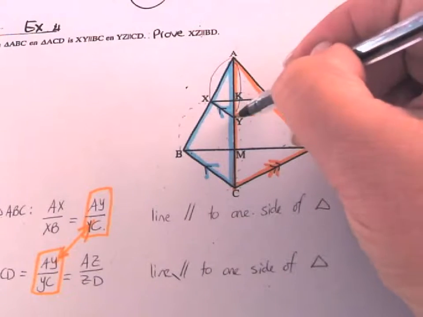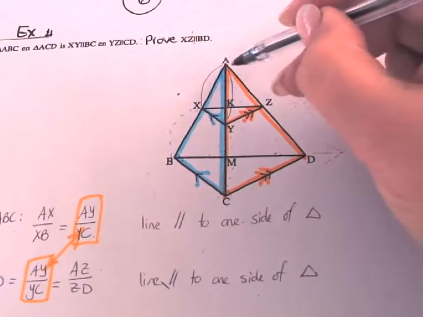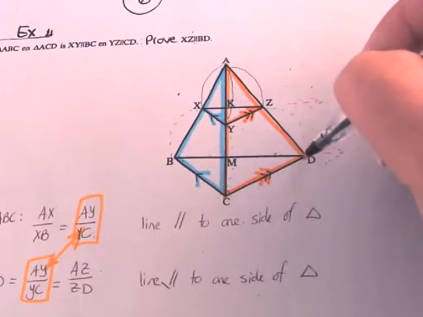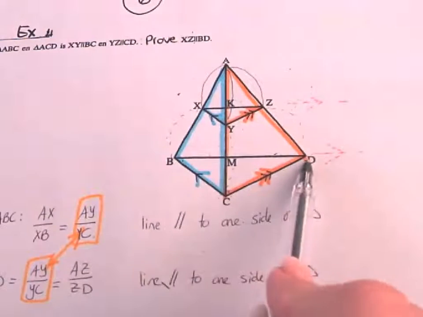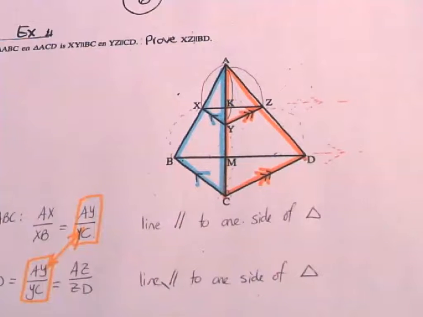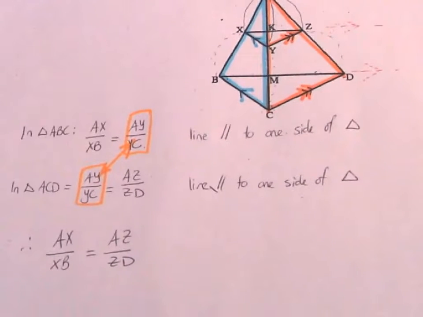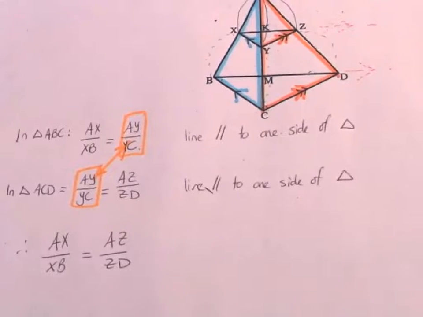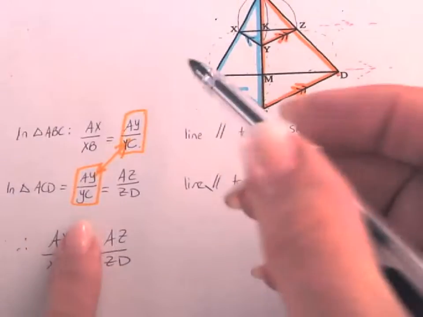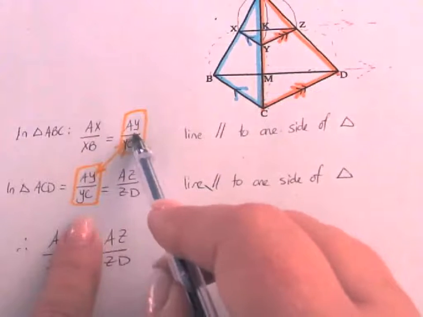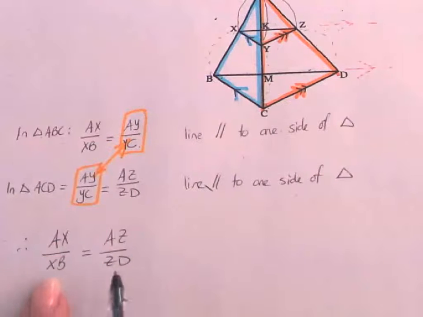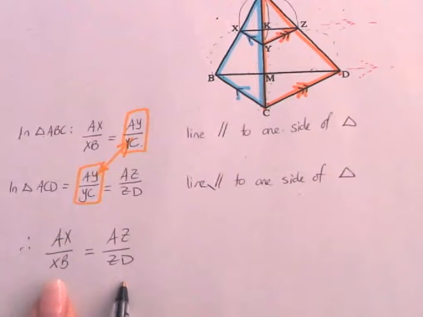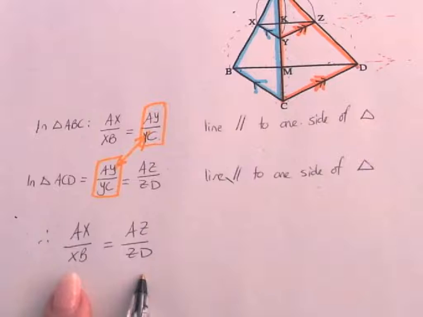But this one over that one is also the same as that one over that one. Therefore, this one over this one will be the same as that one over that one. So then the only reason you have is because line parallel to one side of triangle. Yes, and now you use your common sense, which says if something equals the yellow and the yellow equals something else, then those two must be equal. So then you don't have to explain that. No, you don't have to explain. That's why I say therefore.